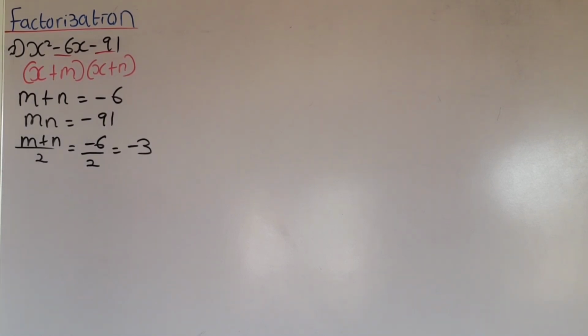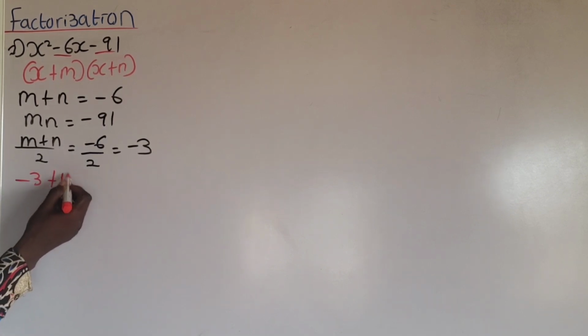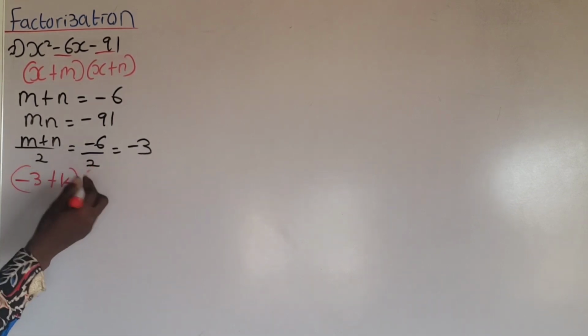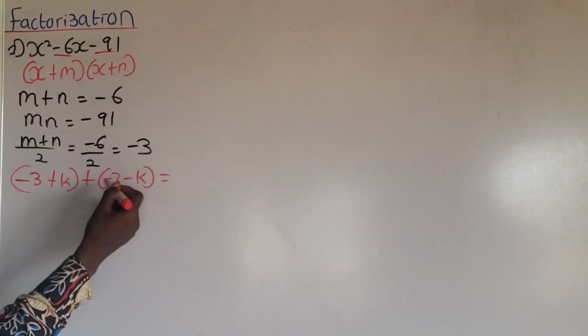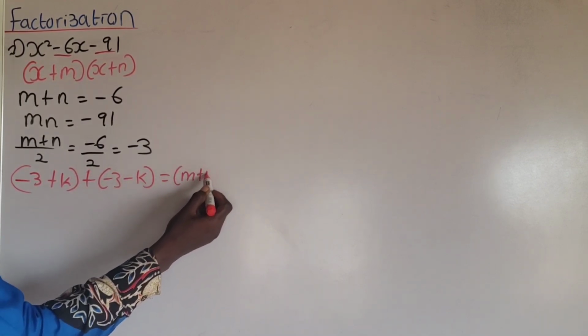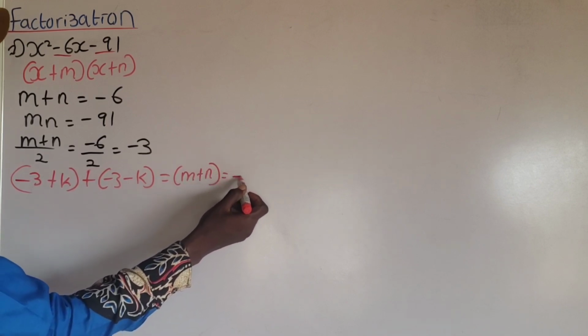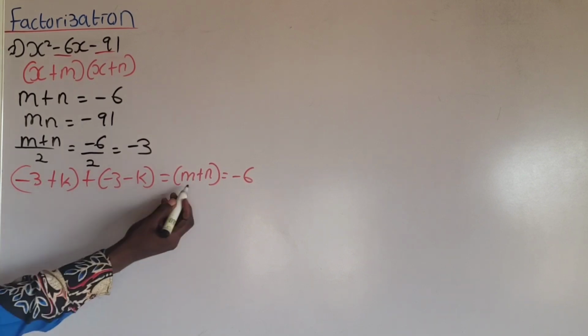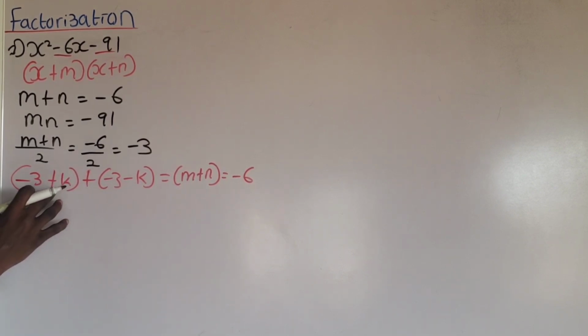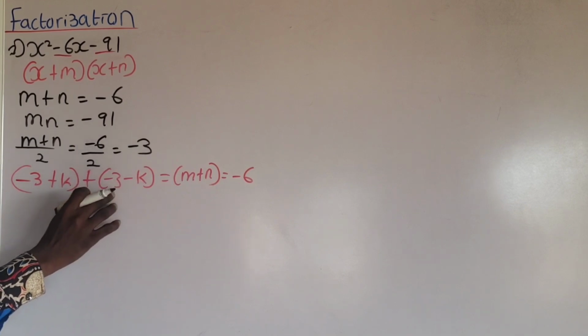We don't know the constant term, so we represent the constant term as k. So I'm going to have negative 3 plus k, then plus negative 3 minus k. This must be equal to m plus n, and m plus n is equal to negative 6. You understand? Okay, you see, m here is negative 3 plus k, and n here is negative 3 minus k.